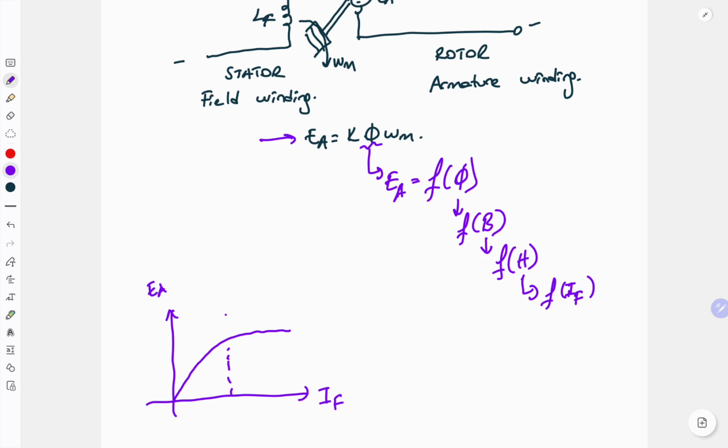But after the knee, we can increase IF with the same increments, but EA will remain nearly constant. We increase IF up to the rated value of the machine to obtain the magnetization curve of the DC machine.